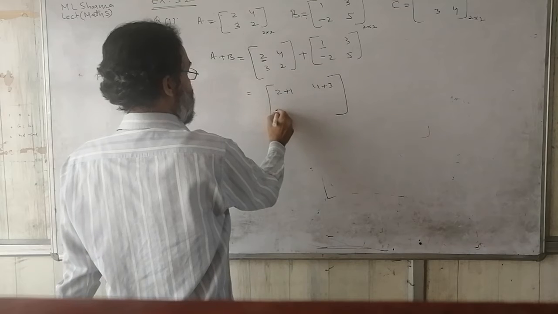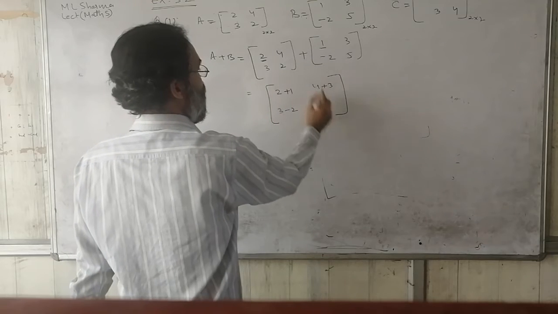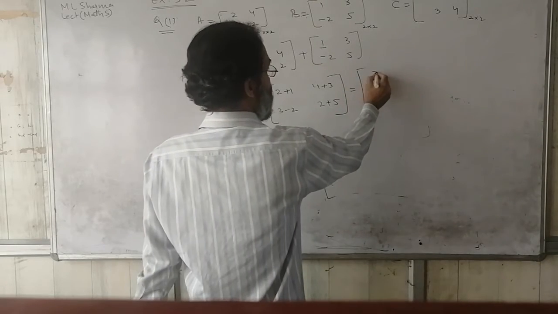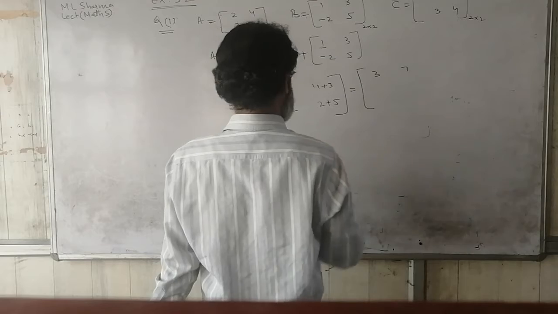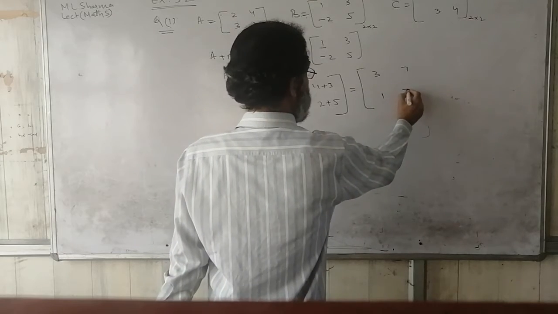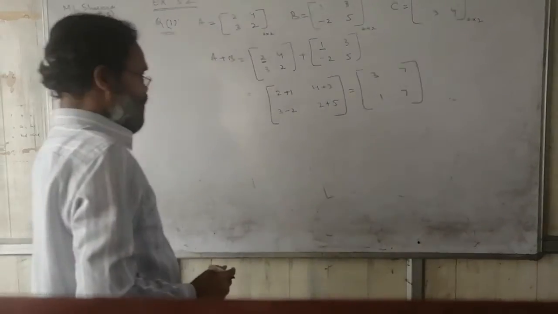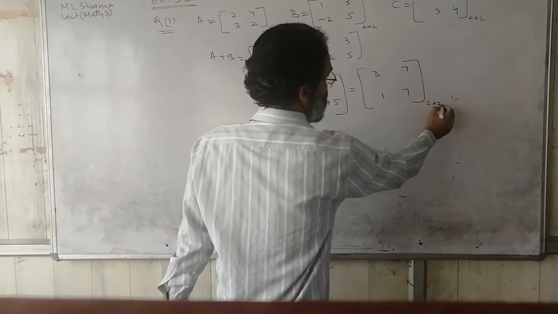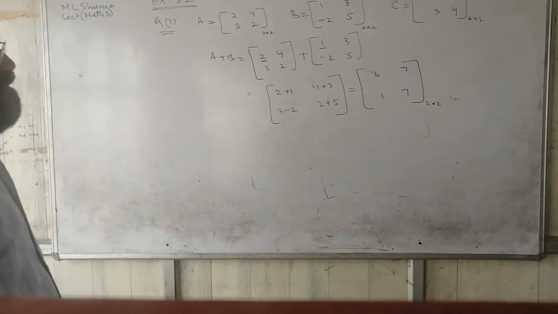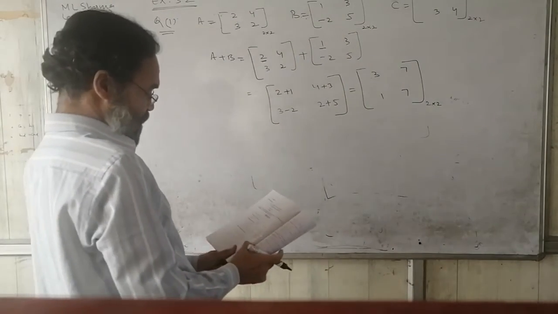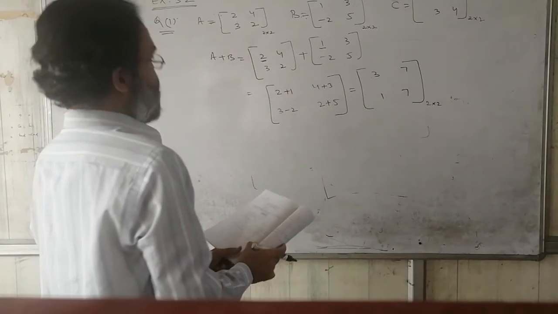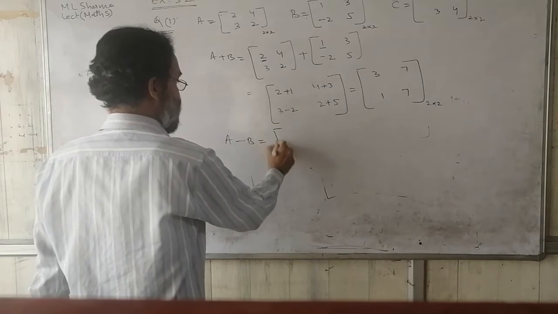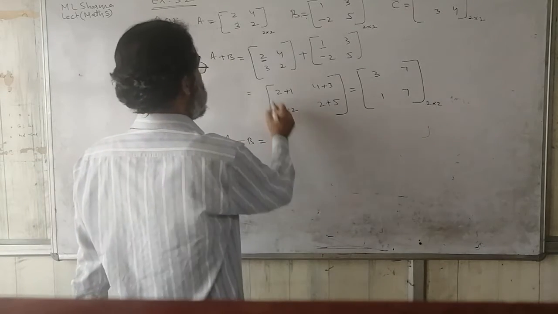Then 3 minus 2, then 2 plus 5. So this will equal 3, 7, 1, 7. So by adding the two matrices of order 2 by 2, the resultant matrix will again be a matrix of 2 by 2 order.